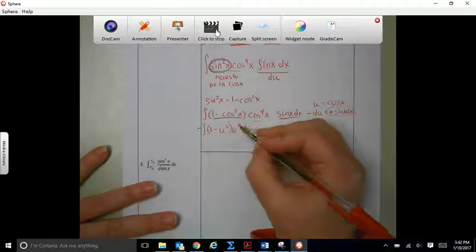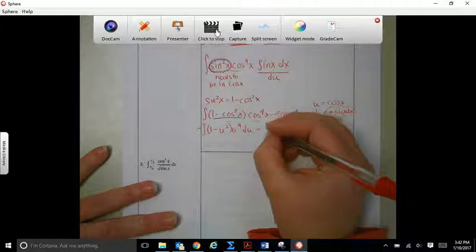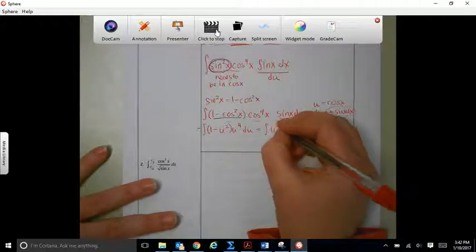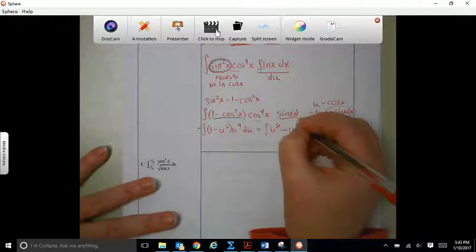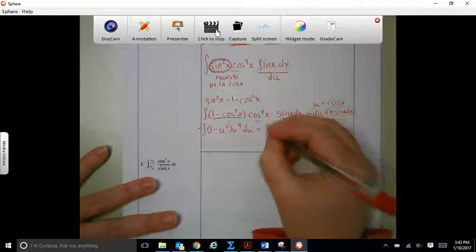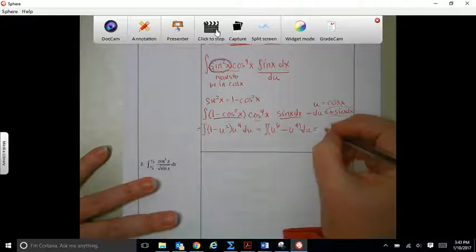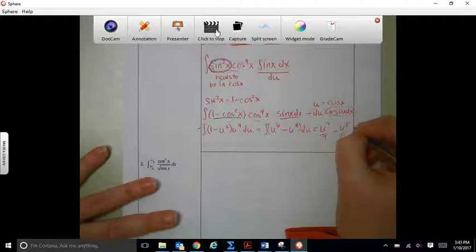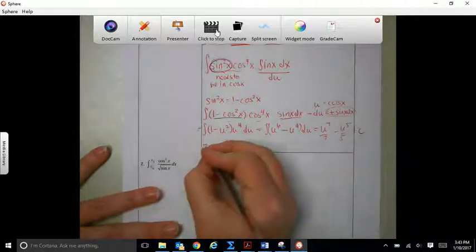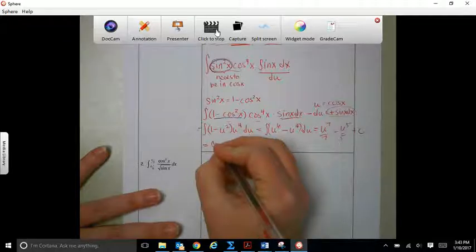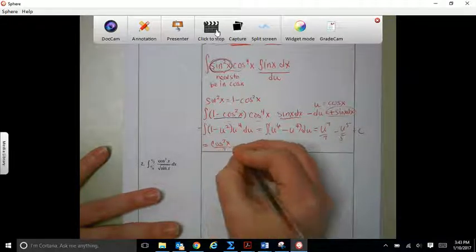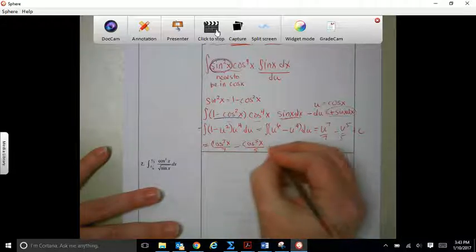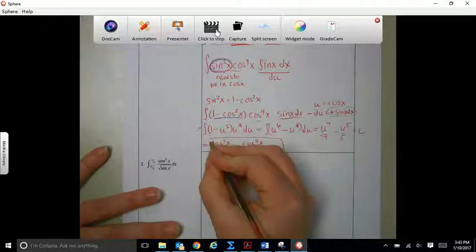I'm going to distribute my u to the fourth and my negative all in one swoop. So that's going to be u to the sixth minus u to the fourth du, which becomes u to the seventh over 7 minus u to the fifth over 5 plus c. Substitute: cosine to the 7th over 7 minus cosine to the 5th over 5 plus c. Good job.